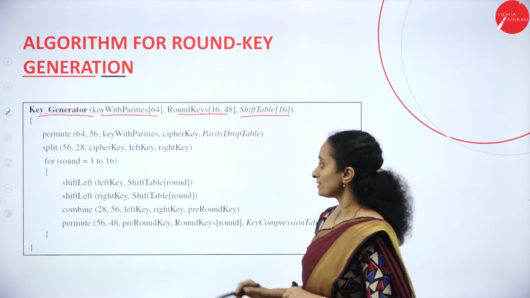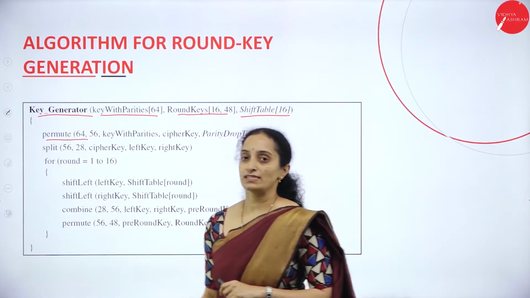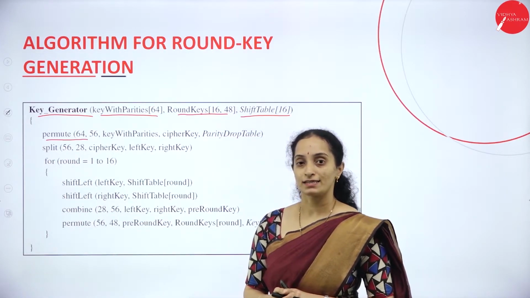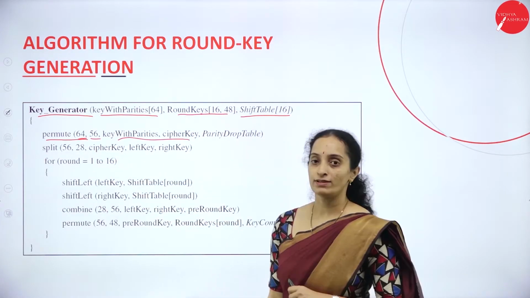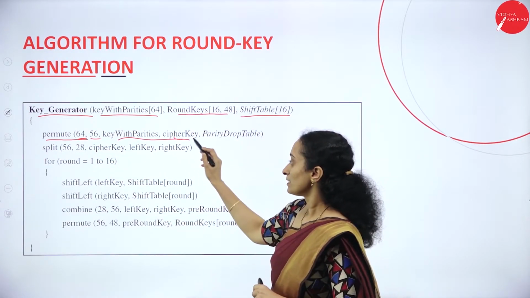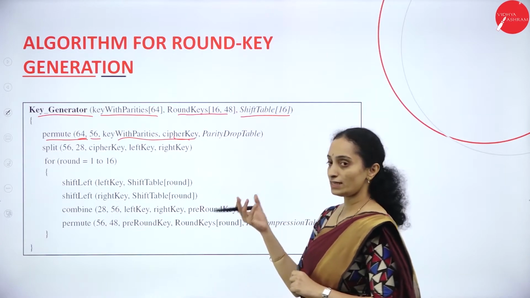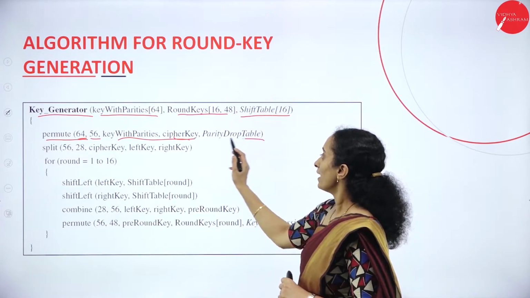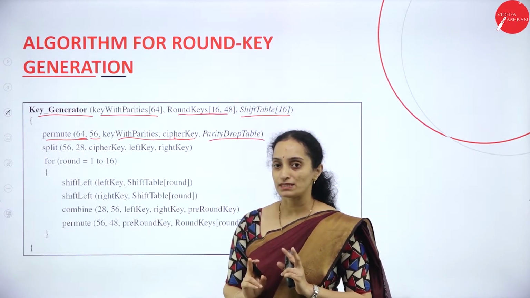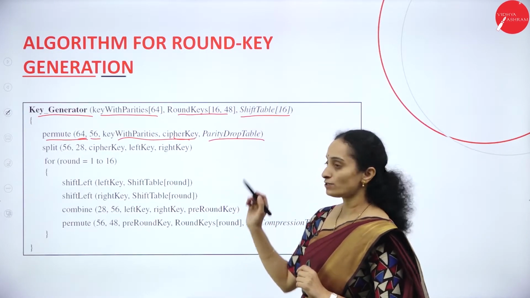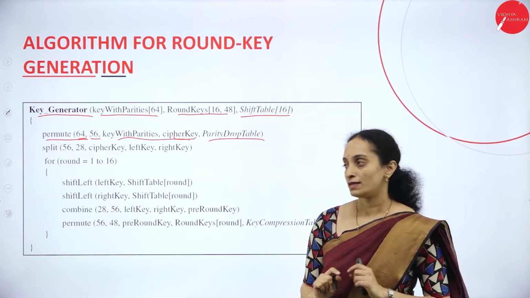In this first function we call in the key generator, it is the permutation from 64 to 56 bits with parity bits. For cipher key generation, we need a variable for the cipher key and the parity drop table. After the parity bits are dropped, the parity drop table must be ready.